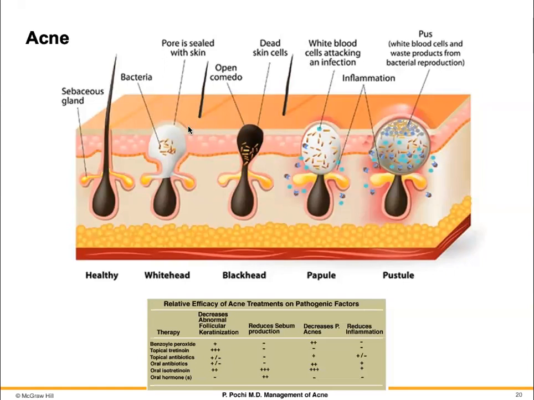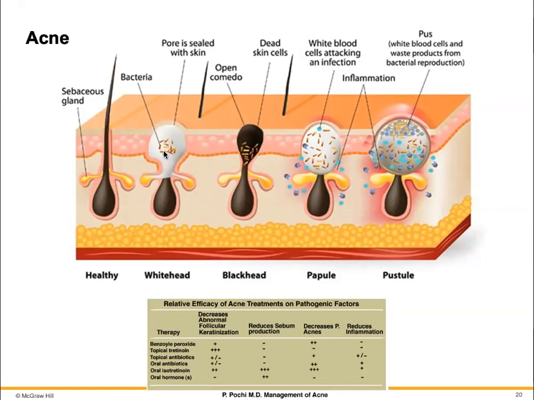And then the bacteria that is living in and on our body gets trapped in there, and that area also continues to fill with sebum. And the cover of this is what causes a whitehead appearance.